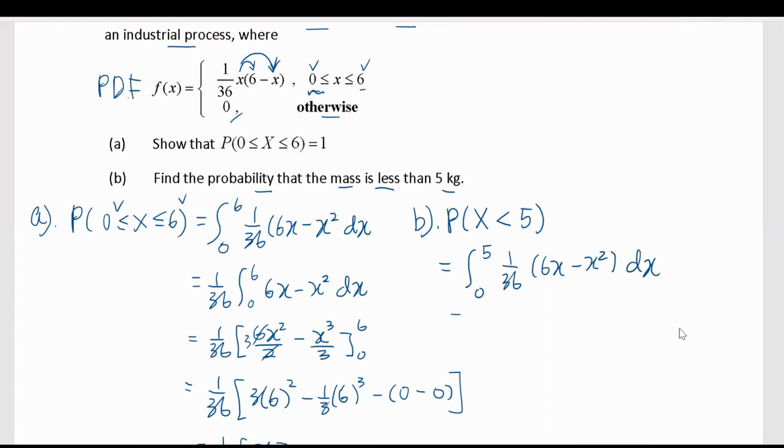So when we integrate this, we will find out the probability for the mass variable X less than 5 kg.